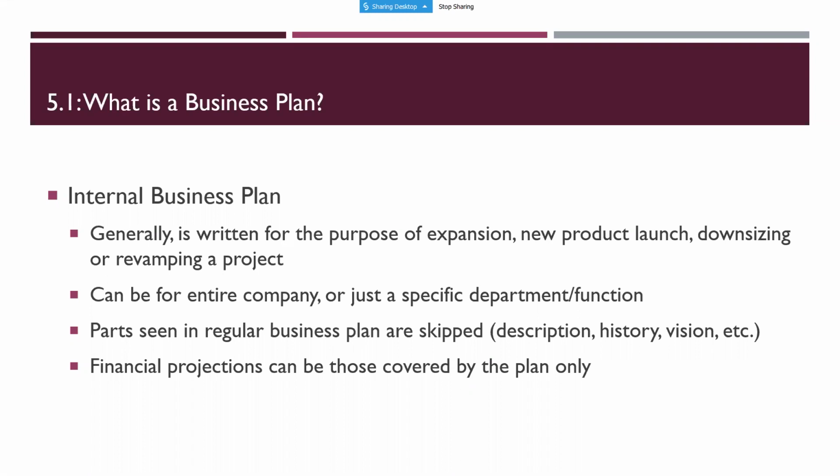But generally where this is seen is if you're revamping the organization entirely, launching a new product or a new service, expanding the business, downsizing the business. It's a document that's meant for internal use, so it doesn't have to include all of the bells and whistles of a general business plan.